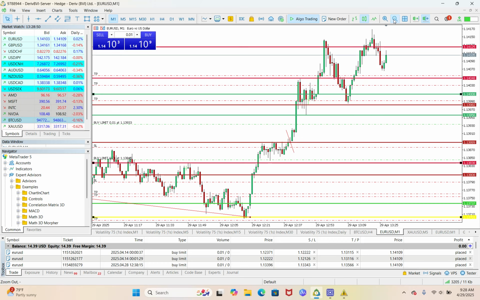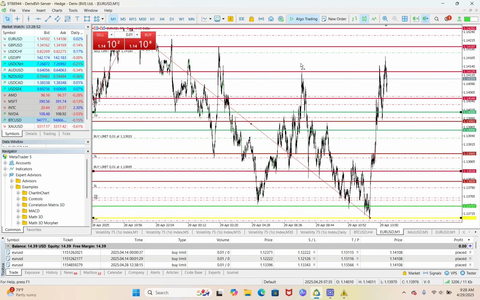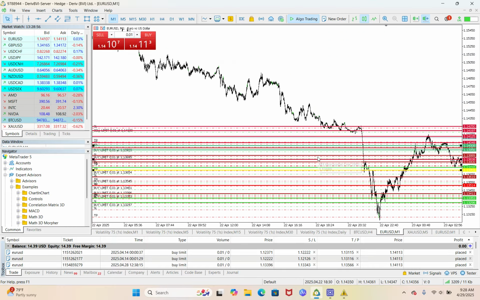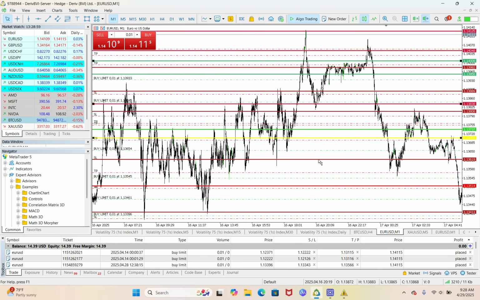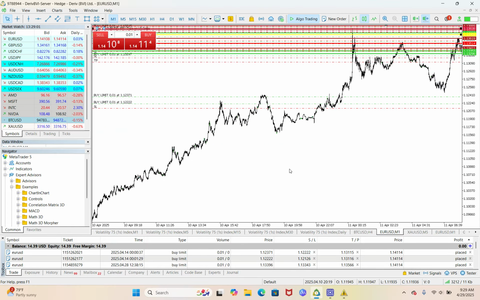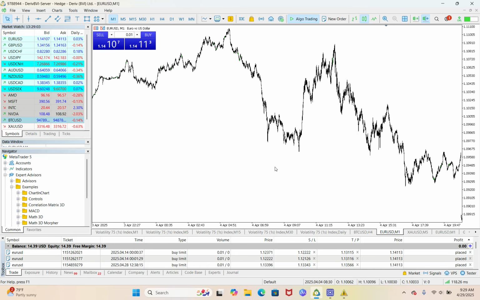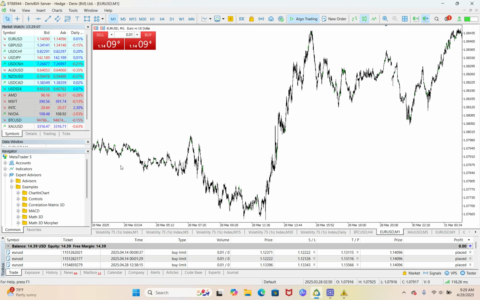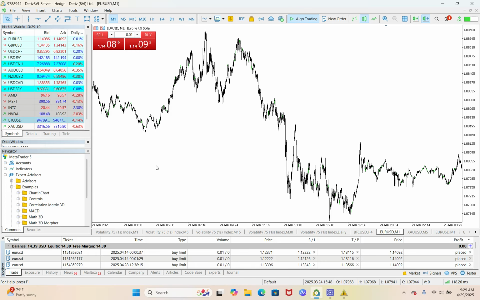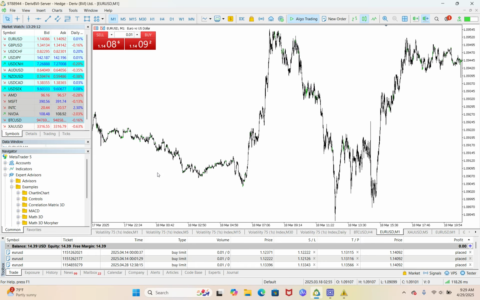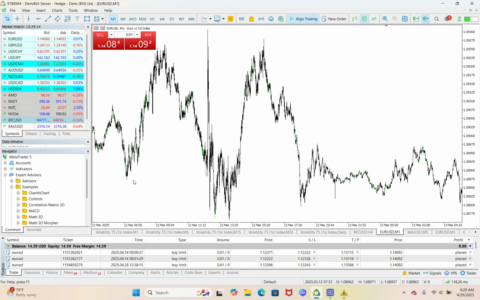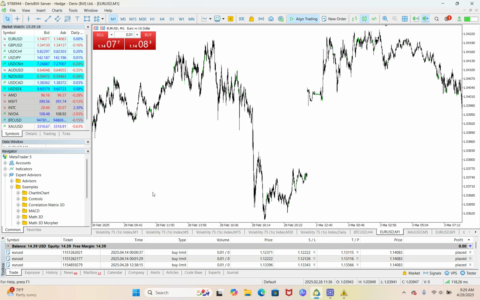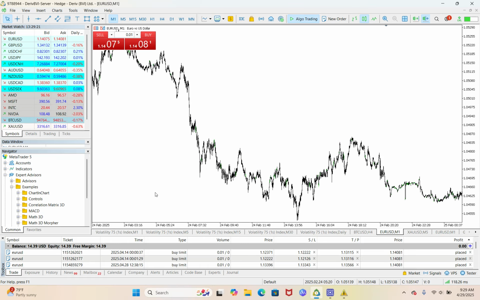If you zoom out your chart to get the market data, and scroll your chart all the way back, let me see how far this chart goes back. I can show you that the market will always act in the same way.